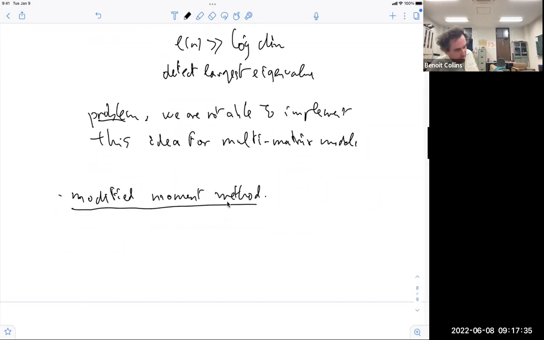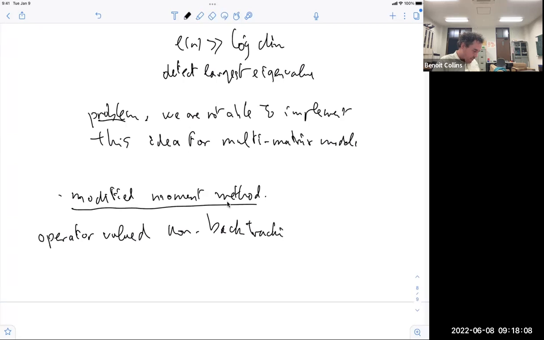So what we do is we are going to consider the setup. Maybe I will just start with the word which I think we like now to call operator valued non-backtracking operator.